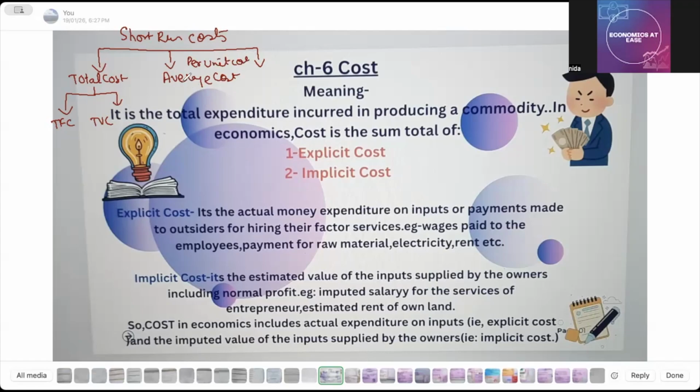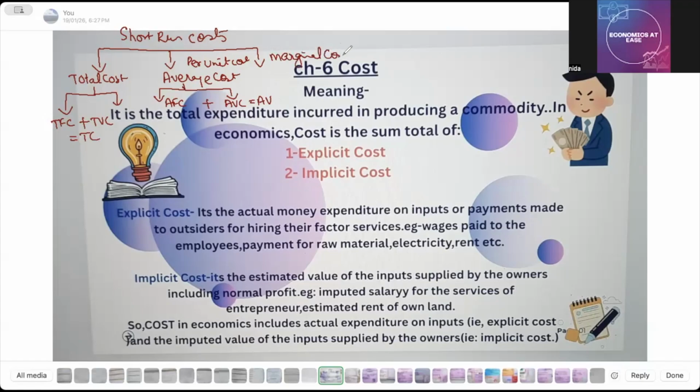To calculate ATC or AAC, first you should have AFC, that is average fixed cost, and average variable cost. When we add these two, AFC and AVC, you will get average cost. When we add TFC and TVC, you will get total cost. The last is the marginal cost.